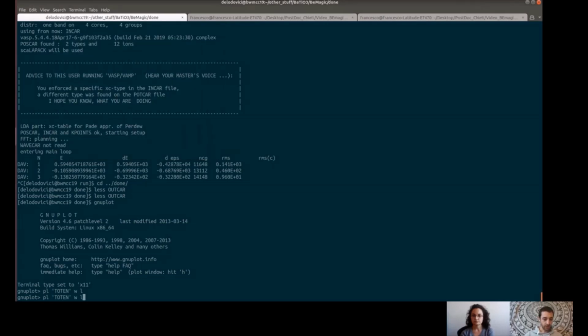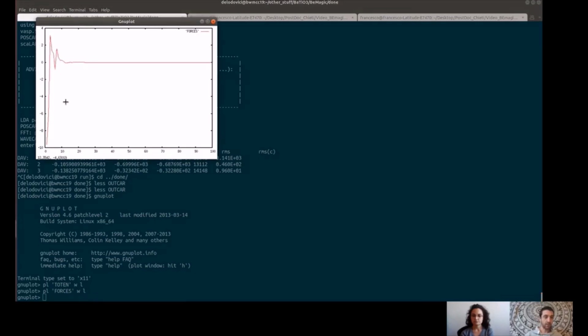And we can also plot the forces which are acting on each atom as a function of the simulation step. And again, you can see that we have this very efficient dynamics at the beginning of the simulation, and then the forces converge toward zero.